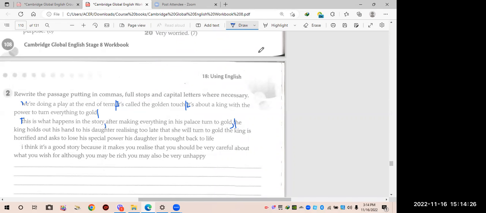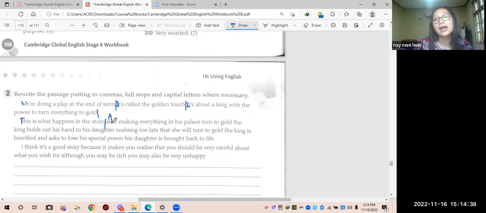Oh, actually, I know now. This is it, then full stop, and then A is capital, and then comma. Yes, correct, right? So this is what happened in the story. After making everything in his palace turn into gold, comma, right? The king holds out his hand to his daughter, realizing too late that she will turn to gold. Full stop, right?